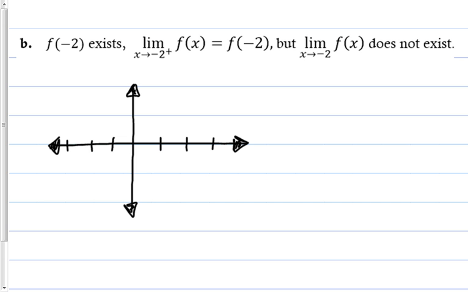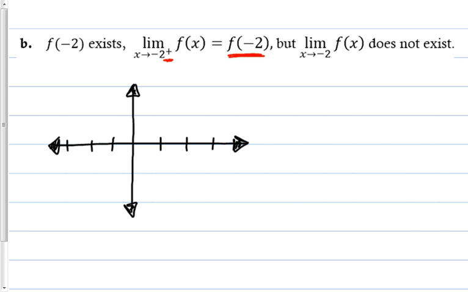All right, B says f of negative 2 exists. The limit as x approaches negative 2 from the right side of f of x equals f of negative 2, but the limit as x approaches negative 2, the overall limit, the big kahuna, does not exist. So once again, that means I have a different left and right-hand limit, but here it's telling me that my right-hand limit is going to be equal to whatever my f of negative 2 value is.